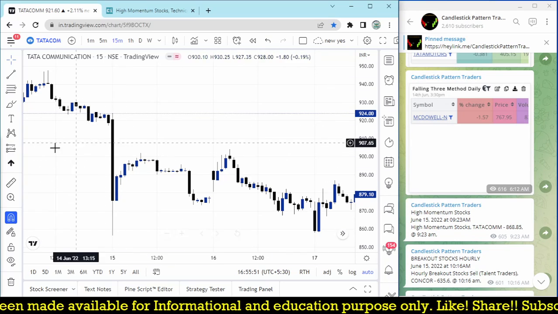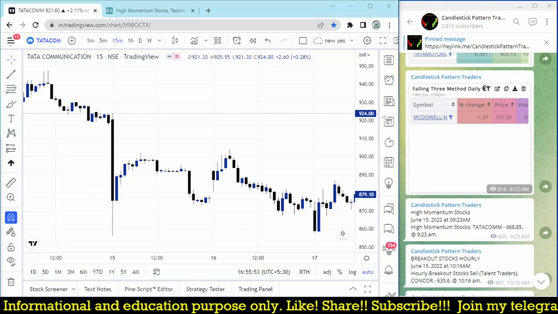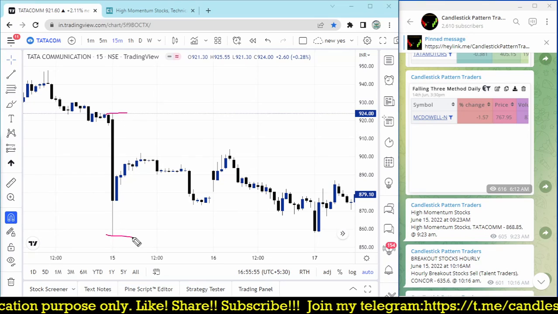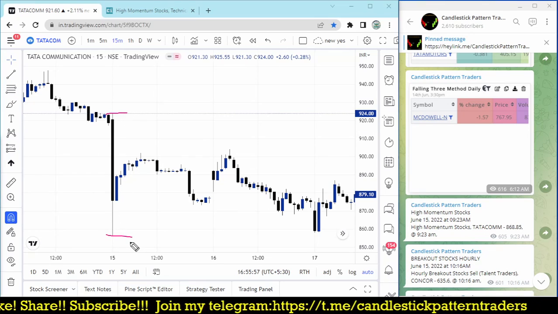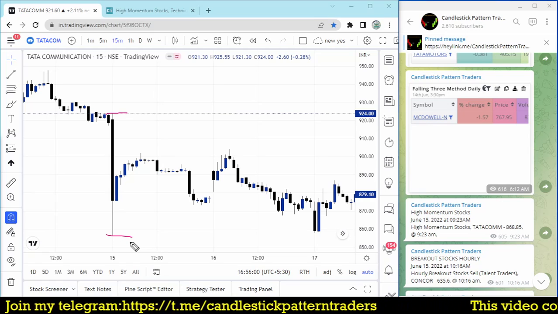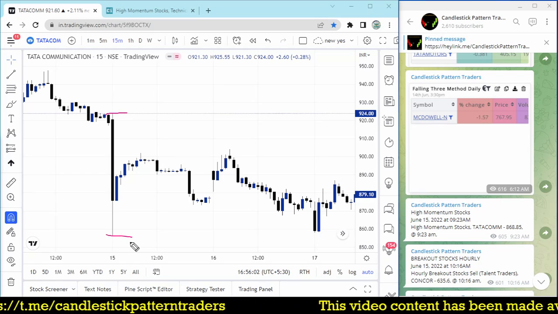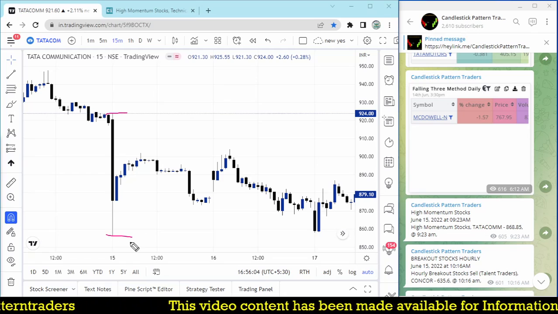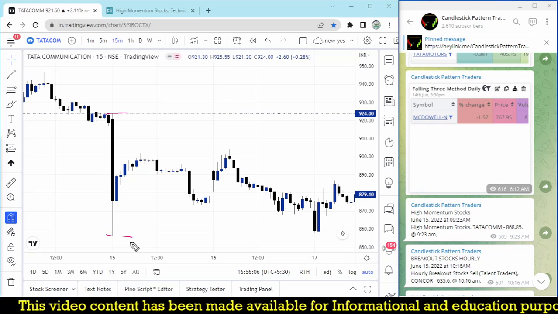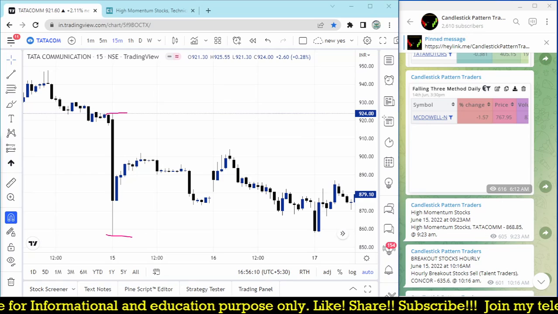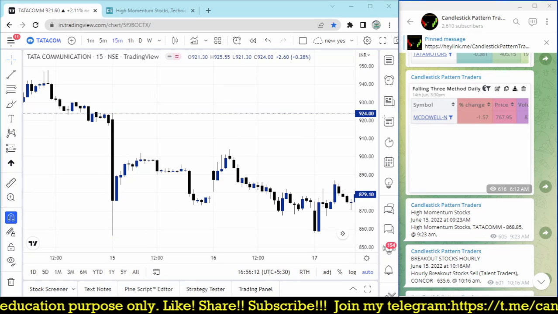If I'm planning a trade, I can simply take it once the high or low is broken. But even when the high or low is broken, I have to pay a huge stop loss for the trade, because the momentum is very quick. So I didn't find any intraday trade opportunity using the high momentum stock.